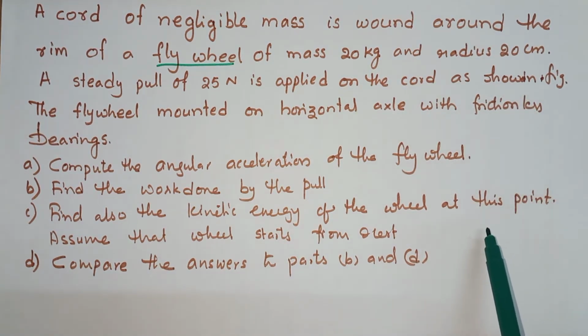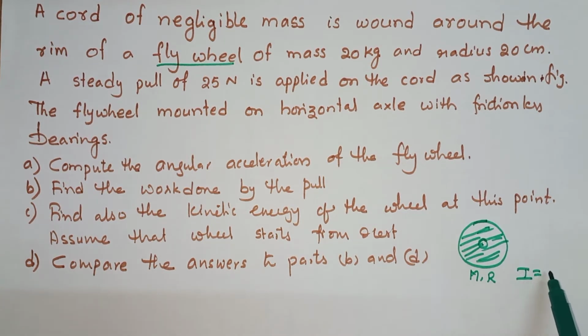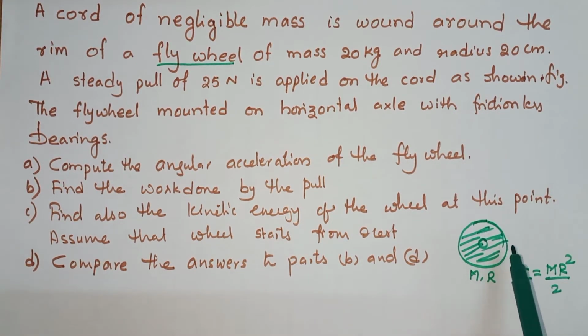We shall draw the figure. See, this is called a flywheel, where one axle is there, which is a solid one, being fixed to a wall, of radius r and mass m. The moment of inertia of the flywheel is equal to half m r square.